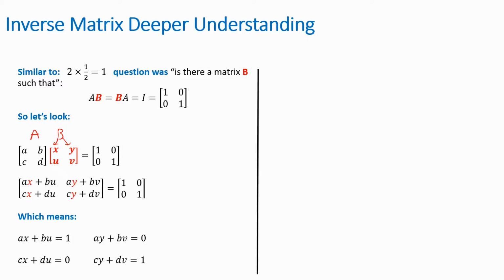I'm going to write it over here so we can see how I'm going to solve for X, U, Y, and V, and you'll find out that's where the formula comes from. Let's do this. Elimination method is our best method back in Year 9 for solving 2 linear equations. So I chose AX, BU, CX, DU, because they both have an X and they both have a U. Here we go. Elimination method, let's say I times this by D because I want to cancel out the U's.